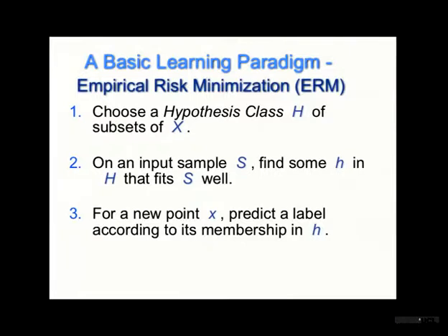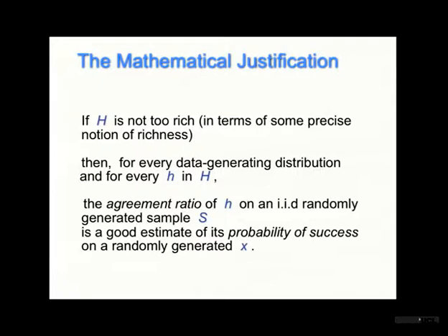I think probably all of you know what empirical risk minimization is. So we have some class H of subsets of X, and then we get some labeled training sample S, and we want to find some H in H that minimizes the loss on S, minimizes the error on S. And then we'll use this H to predict for a new point, and VC theory tells you that if H is mild enough, then this is a good strategy.